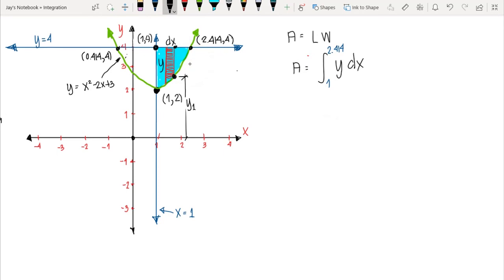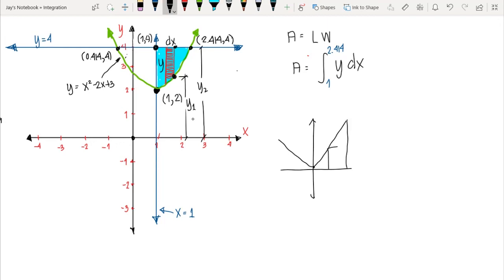And the same with this line. Let's say that's our y sub 2. We always refer from the x-axis when we're trying to plot the y-coordinate of our curve or of our line. So therefore, we can say that our y here is just the difference of y sub 2 and y sub 1, correct?